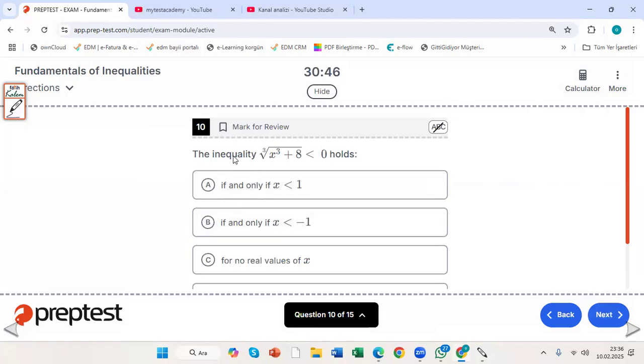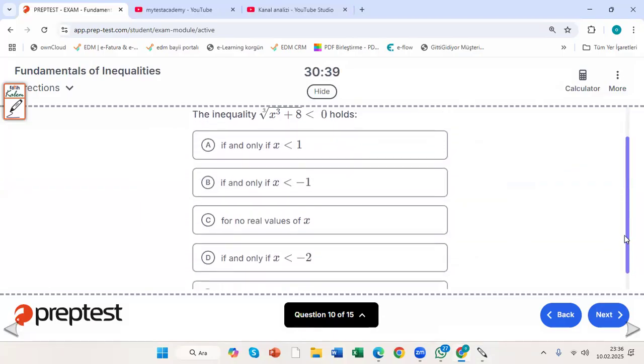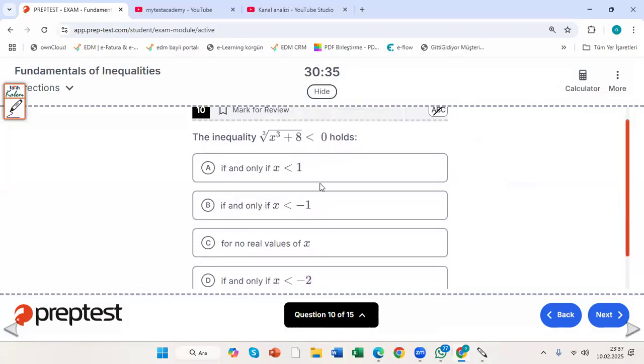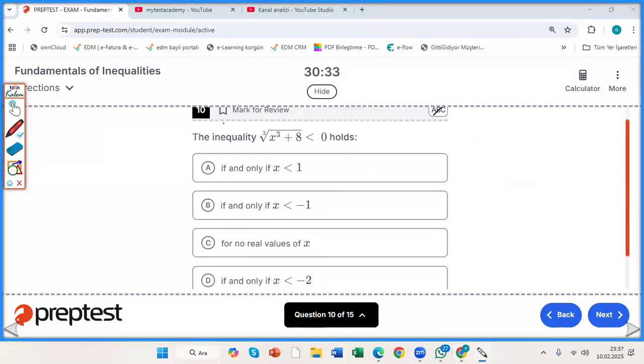Okay, when we look at this question, the inequality is less than 0, and we are going to find the x values. Okay, be careful. The root is an odd number here. If the root is an odd number, nothing changes in terms of its value.